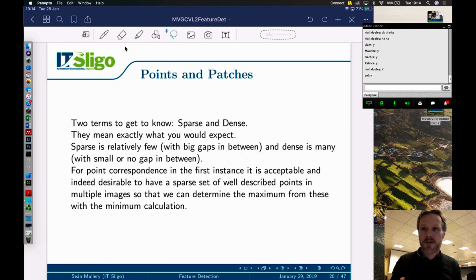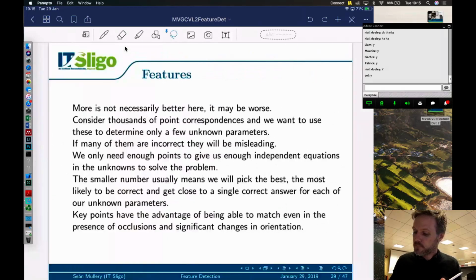It's also the method that we would generally use if we're trying to find the motion of the camera. If the camera is attached to a car, this tells us something about the motion of the car, and we only need sparse techniques, a certain number of points, to give us that information.